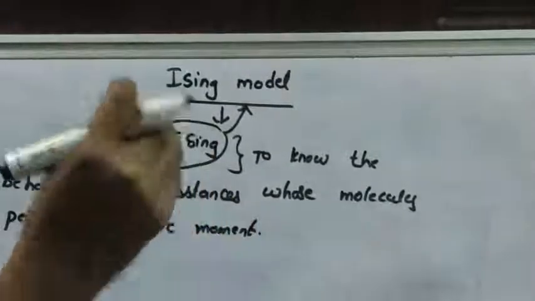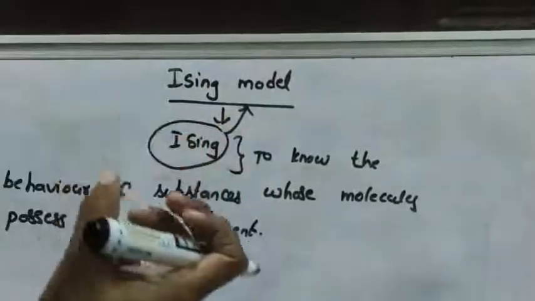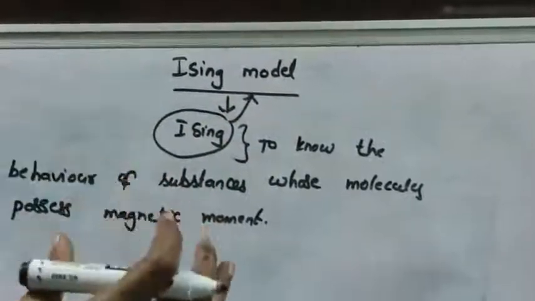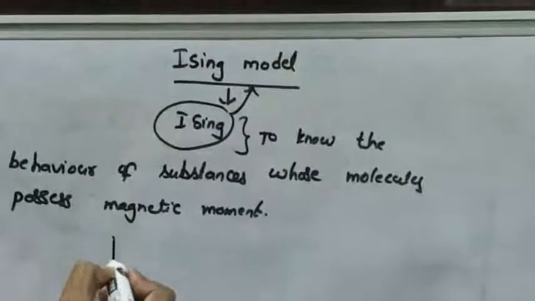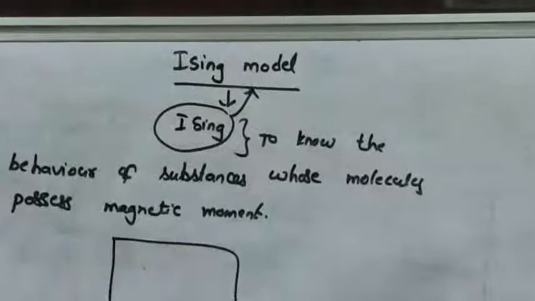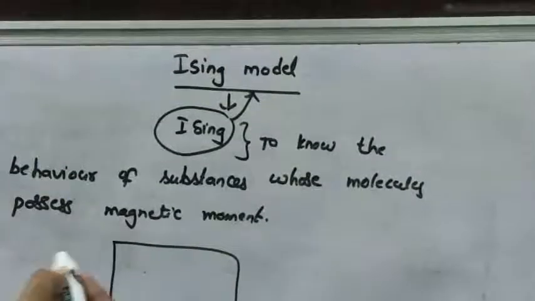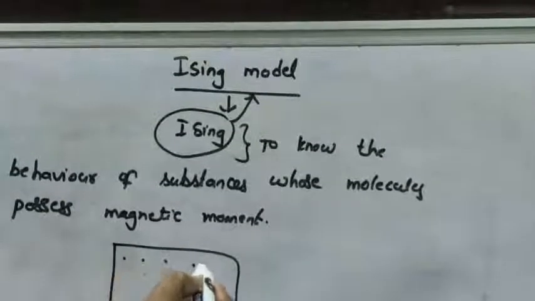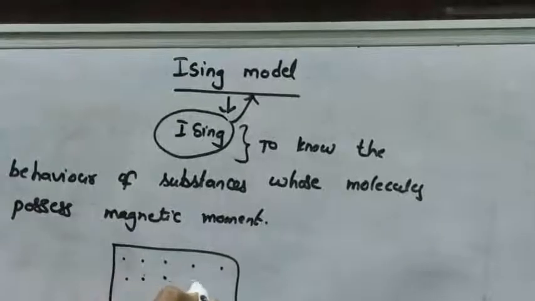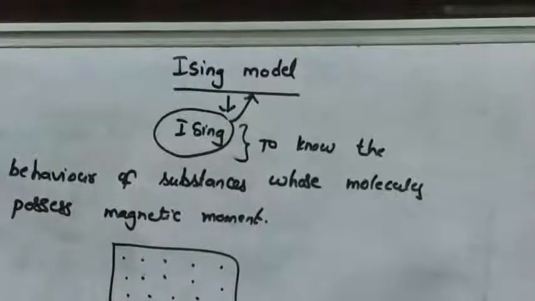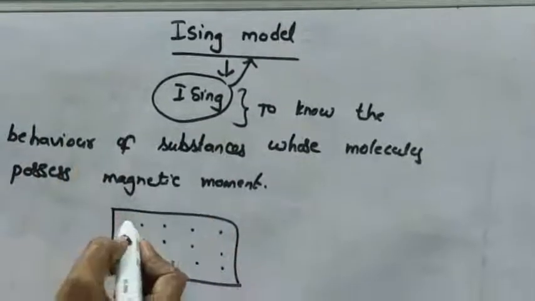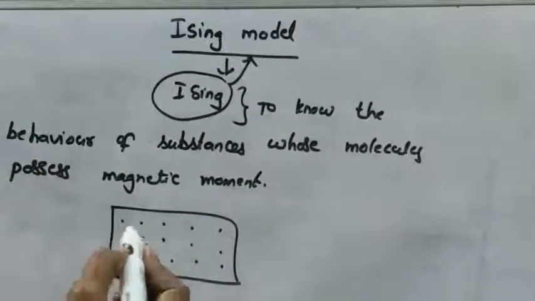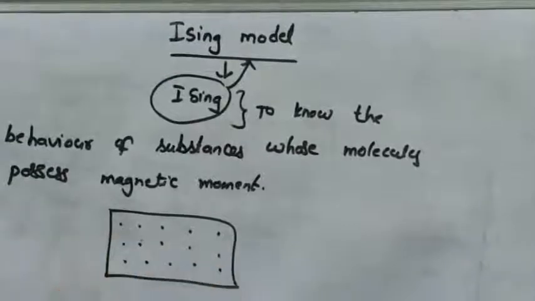In order to know the behavior of molecules in a substance, Ising set up a model. So, initially consider a substance. The substance, assume, consists of molecules. These molecules or particles are arranged in the form of a lattice.